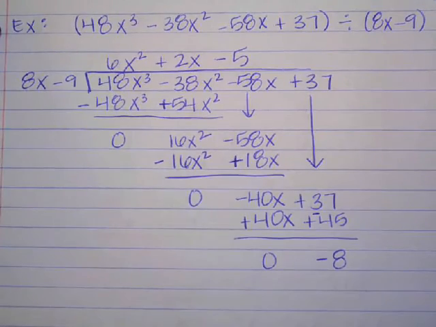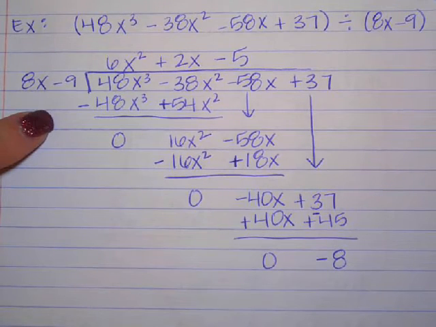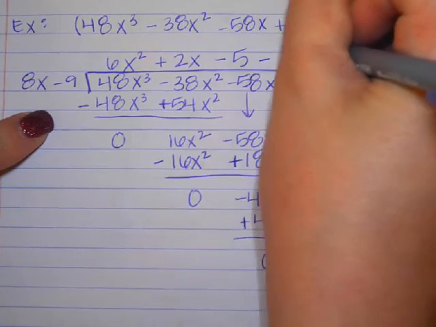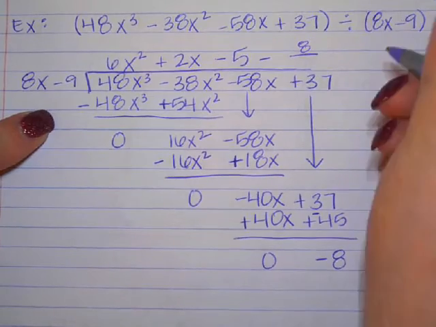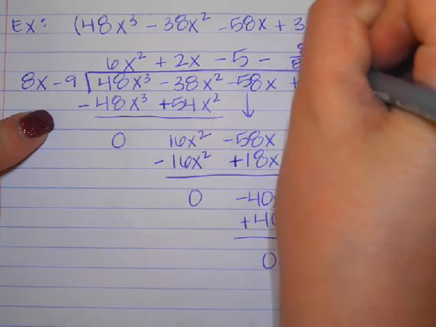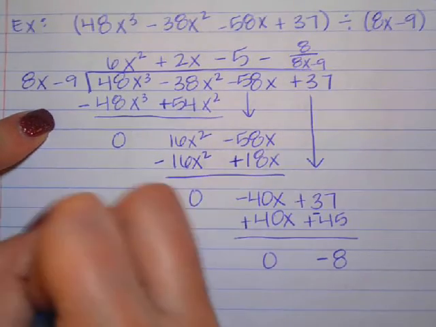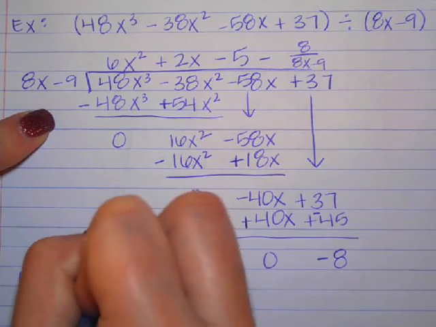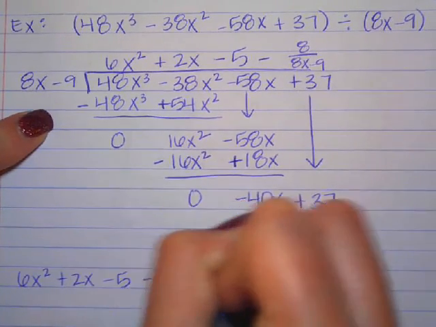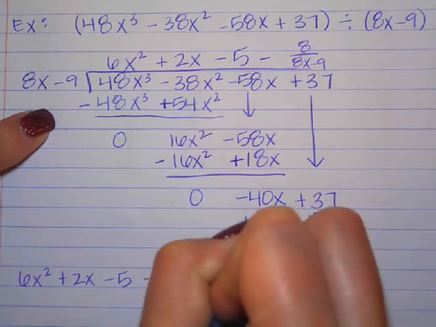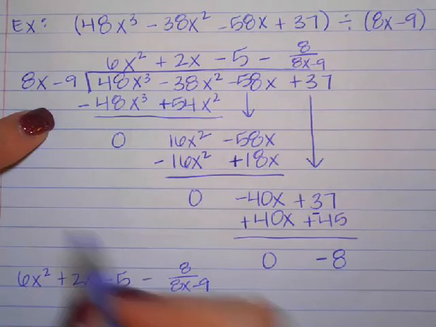All right, and then what do I write next? Eight x minus 9. Okay. And done.